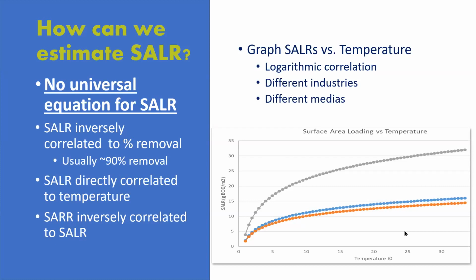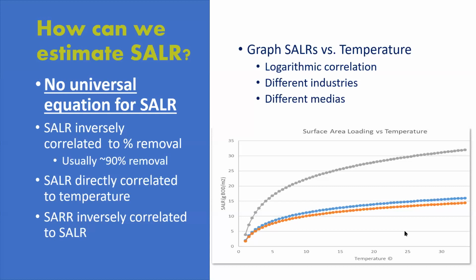So your loading rate is going to decrease as well. You can see here some examples of SALR curves versus temperature. There are 3 different curves here just to show you that one curve can vary depending on the industry or depending on the type of media. There's not one curve that fits all.